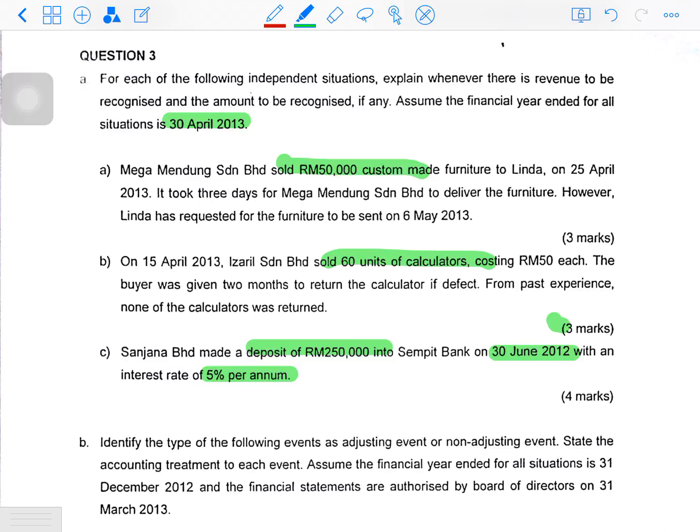2011. The buyer was given 30 days to return. So what is this? Sale and return, kan? Sale and return. So maknanya it says that return goods if it is not satisfied with the goods. So how much, when should you recognize this? After 30 days. How much you recognize? 4,000.